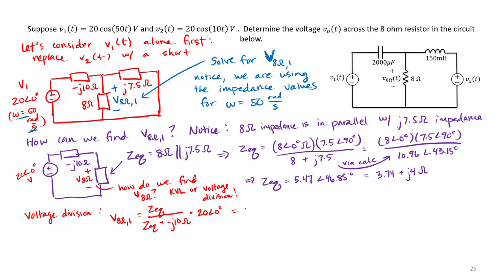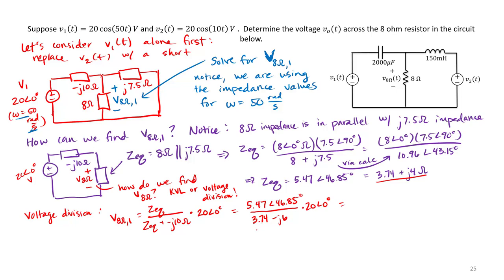So if we simplify that, we'll get 5.47 angle 46.85 degrees divided by, the Z equivalent is 3.74 plus J4, we subtract J10, we get 3.74 minus J6, times 20 angle 0 degrees.